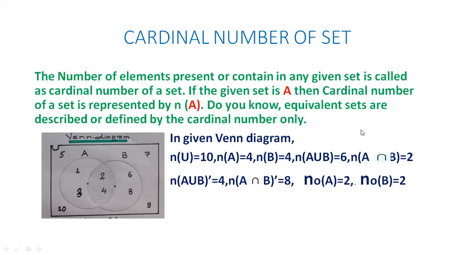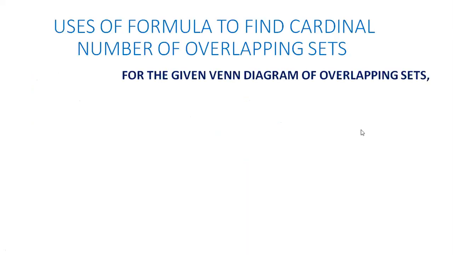I am showing you the next slide. Look here. We are using this cardinal number to find out different values here. Uses of formula to find the cardinal number of overlapping sets.